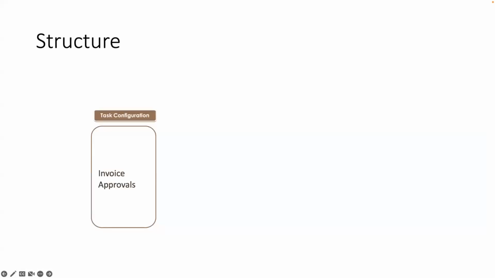The first part is the task configuration, and in your task configuration, you have the list of all the different approvals that you can perform.